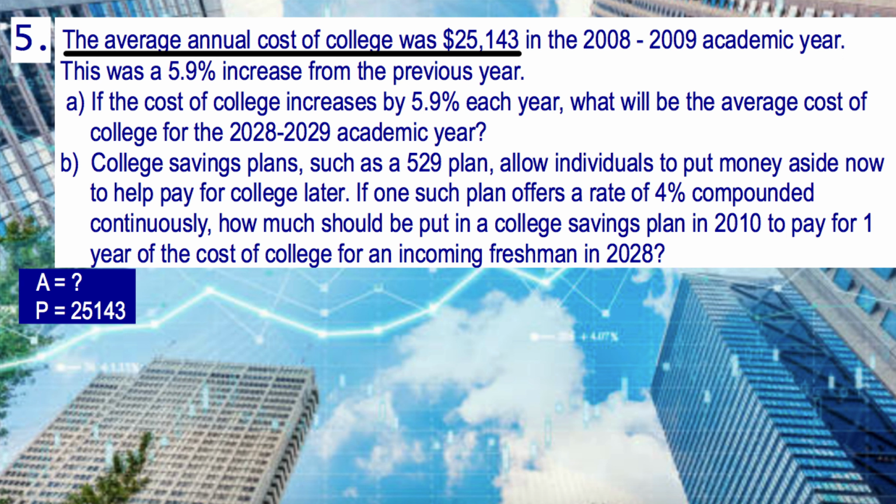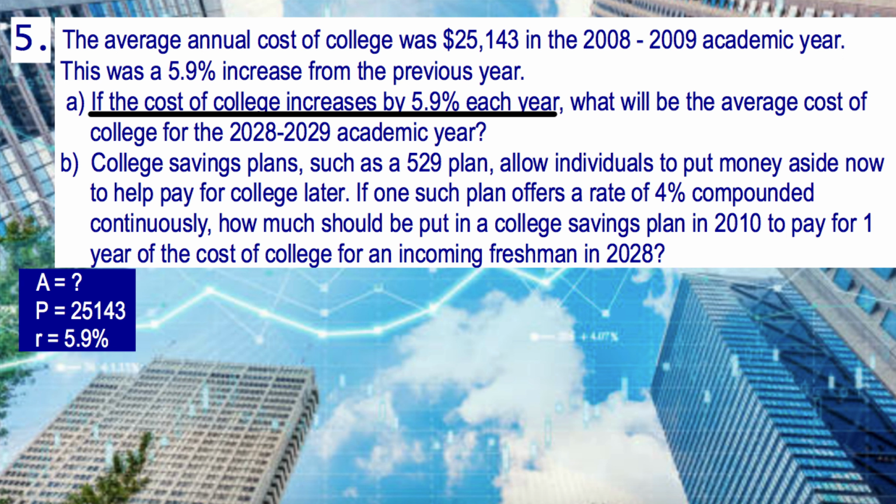The rate is 5.9% because the cost of college increases by 5.9% each year. We write that as 0.059. It is compounded annually. We know that because it says each year. So n should be equal to 1.